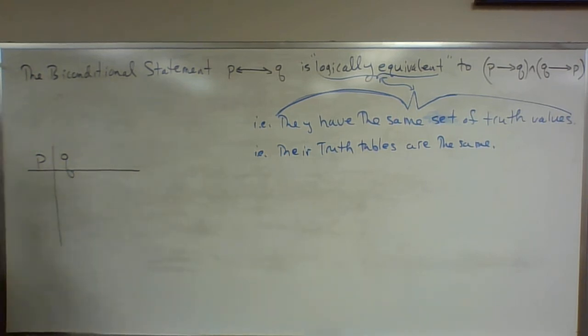Okay, let's go for it. We still have two simple statements. So we fill out the truth table this way: true, true, false, false. And on the inside, we go alternately, true, false, true, false.